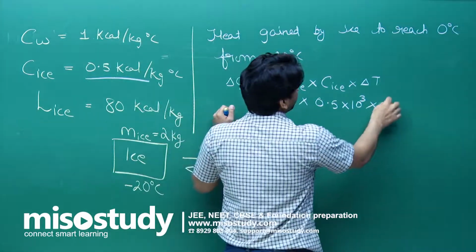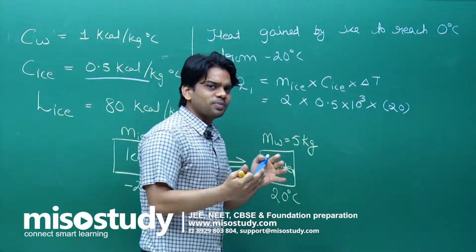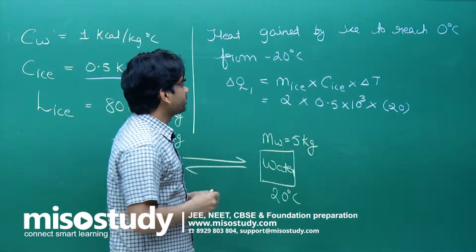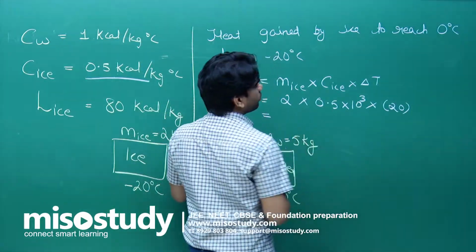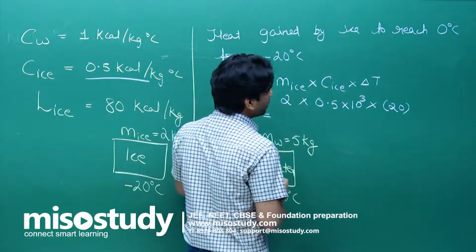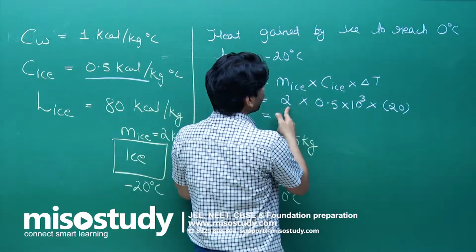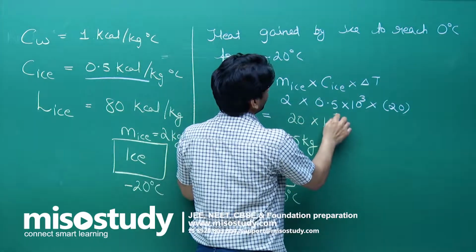Delta T will come out to be 20, since 0 minus minus 20 gives 20. On solving, 20 into 0.5 gives 10, and 10 into 2 gives 20, so 20 into 10 to the power 3 calorie.